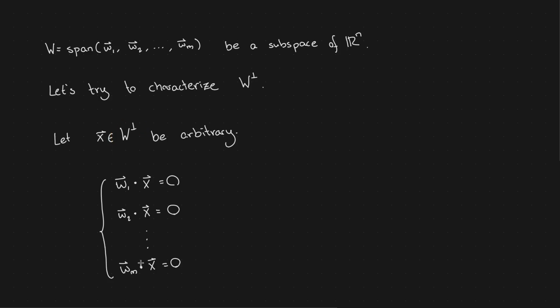So we want to play around with this system of equations. Now, we have lots of dot products here. There's another way to characterize dot products as matrix multiplication. You may recall that the dot product of two vectors is the same as taking the transpose of the first vector and matrix multiplying it with the second vector.